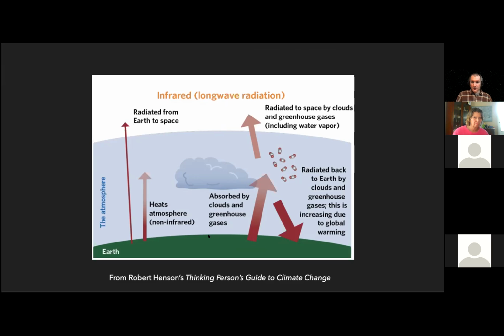However, the second part of the story is that these gases are not transparent to Earth's outgoing infrared energy. So as Earth's surface and its lower atmosphere re-emit energy in the infrared wavelength, most of that is going to be absorbed by the greenhouse gases.